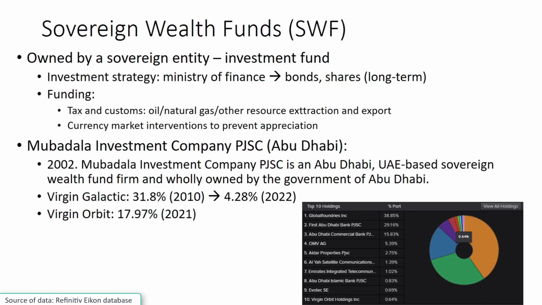What is quite strange here is that if you look at the structure of who owns Virgin Galactic, we can see OMV, which is an oil company, but for some reason they purchased shares in it.